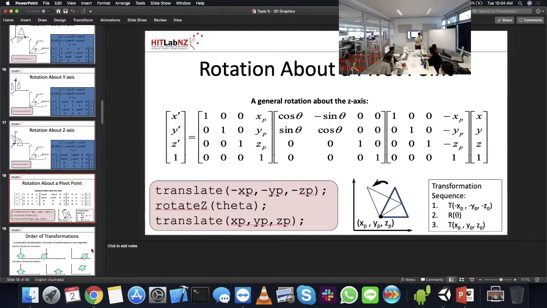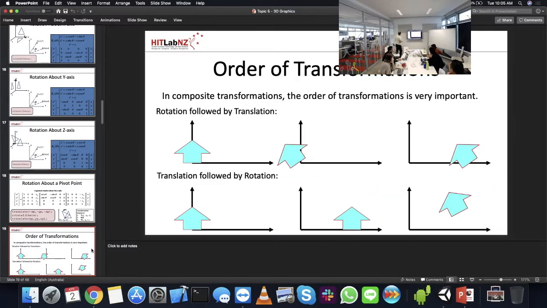So if we use this example again of this triangle, well actually we'll do the example which we've got on the slides here. So we have this arrow here which is sitting at the origin, and we're basically doing the same operations. We're rotating by say 30 degrees counterclockwise.